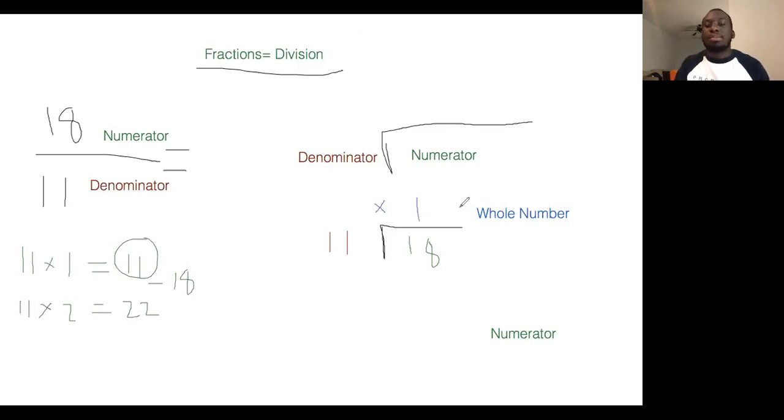Now I need to multiply to the top. 11 times 1 equals 11. And now I'm going to subtract. 18 minus 11 is 9. And that's it. That's my last step.